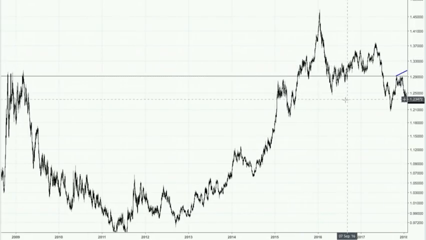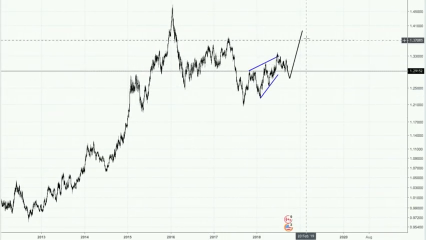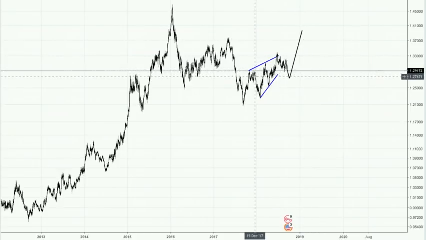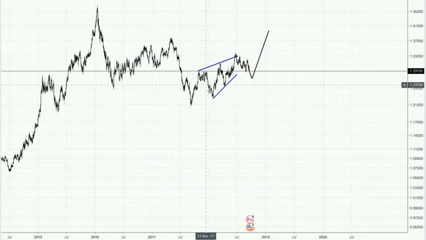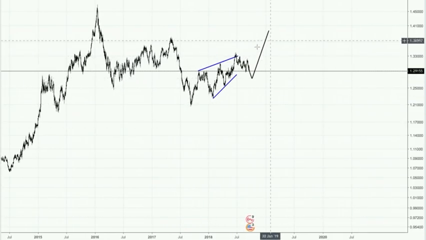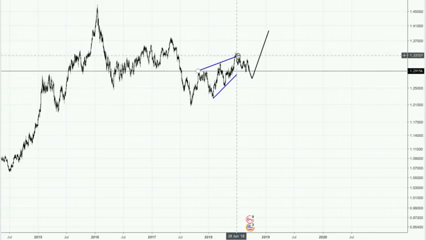But even if it's not, we need a three-wave structure here. And what we have produced since this 2017 September low is therefore an incomplete structure to the upside. It developed as a five-wave sequence in an overlapping fashion.